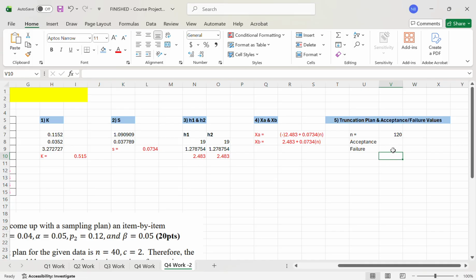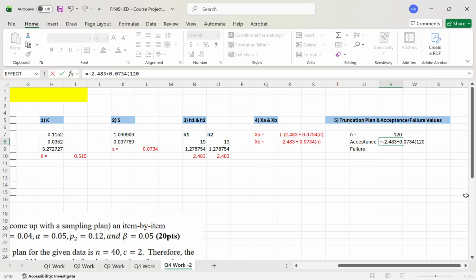All right, so what we're going to do here is use these acceptance and rejectance equations to calculate those numbers. So we can do this equals negative 2.483 plus 0.0734 times that truncation value, which is 120. And that's going to give us 6.325.